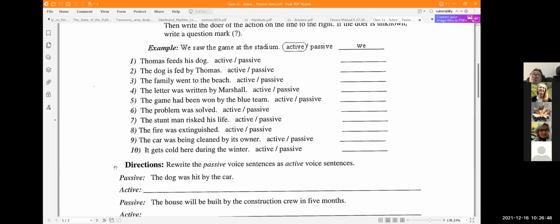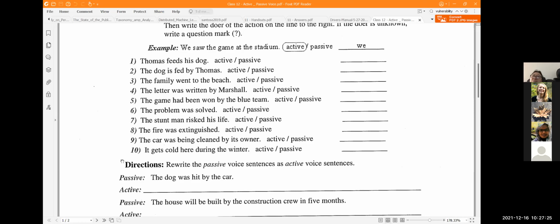Number 10. It gets cold here during the winter. Active. Yeah. The doer is it. And what is it? Nobody talks. I don't know. The winter. The weather, yeah.